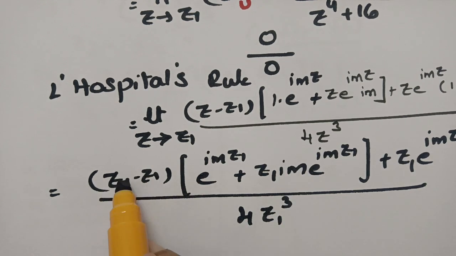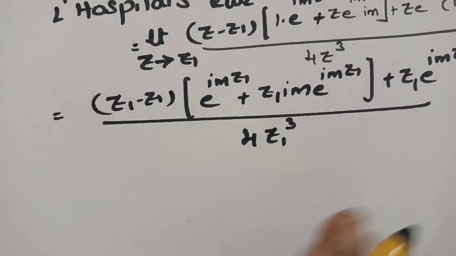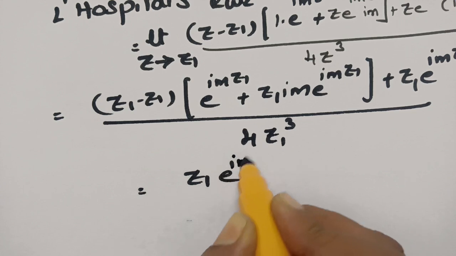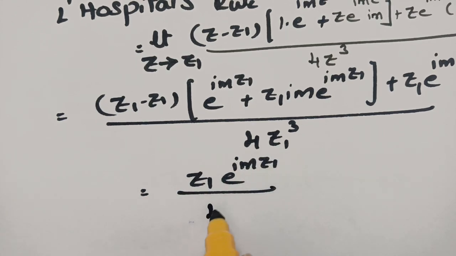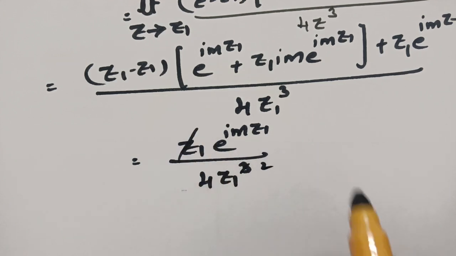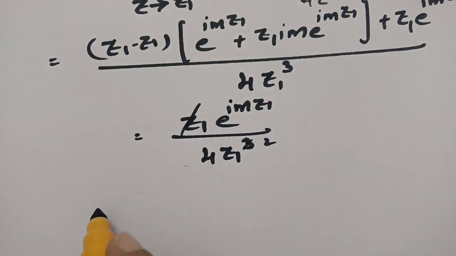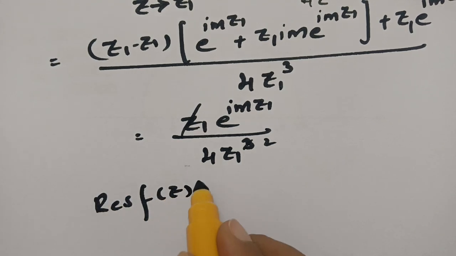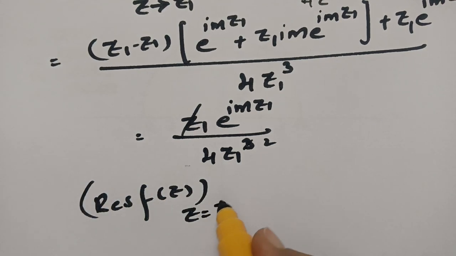So z1 minus z1, that is 0 into anything is 0, and what remains is z1 into e^(im z1) by 4 times z1 cube. If I cancel once, the square remains. Therefore, this is the residue of f(z) at the point z = z1.